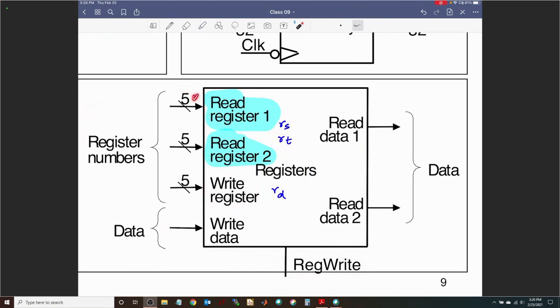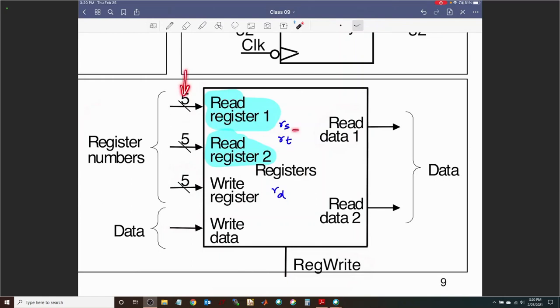I need 5 bits to pick 1 out of 32 for RS, 5 bits to pick 1 out of 32 for RT, 5 bits to pick 1 out of 32 for destination register. And if my register write is inactive, then I'm essentially reading things, right? So when I'm reading things, I have told you which register to read from.